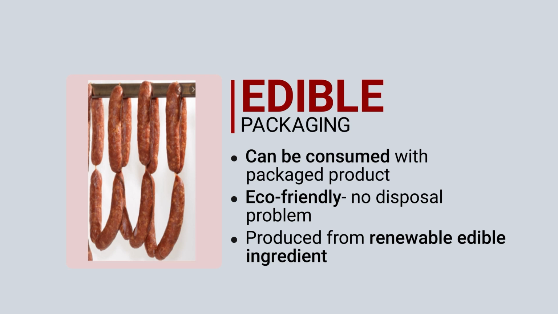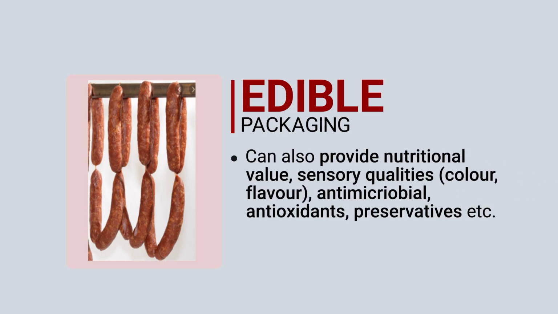So these are edible packaging, these are eco-friendly, no disposal problem, these are produced from renewable edible ingredients, and these can also provide nutritional value to the product, sensory qualities, color and flavor to the product. We can also add some antimicrobial agents, antioxidants or preservatives to the edible packaging material, and this packaging material can be used in the form of films or coatings.